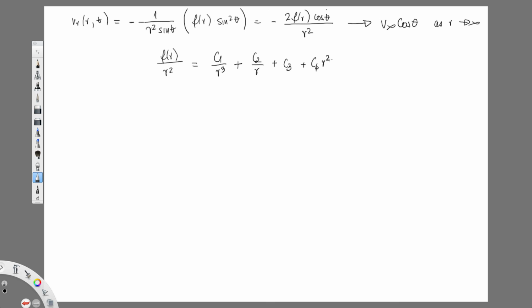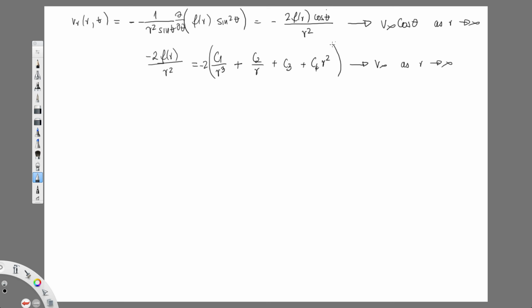I did the derivative with respect to theta in my head and didn't write it down. My brain is not a parallel machine, it's a serial one. So minus 2 times this, and that has to go to v infinity as r goes to infinity, right?